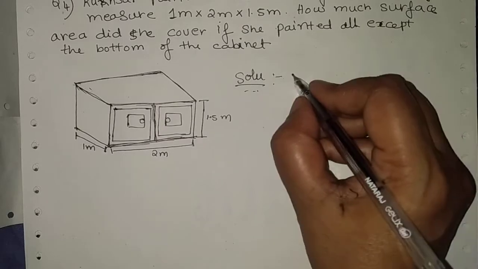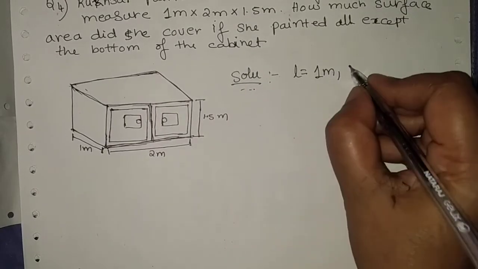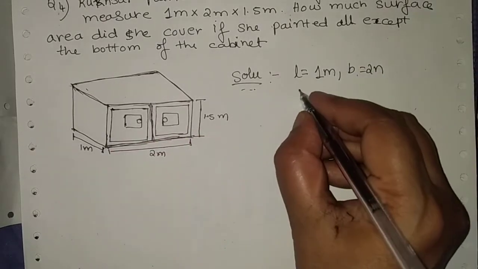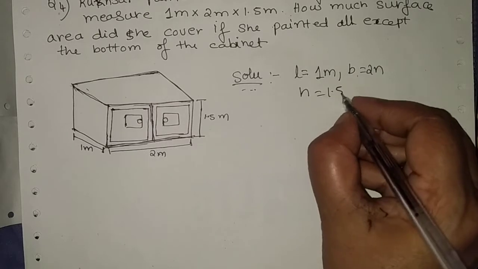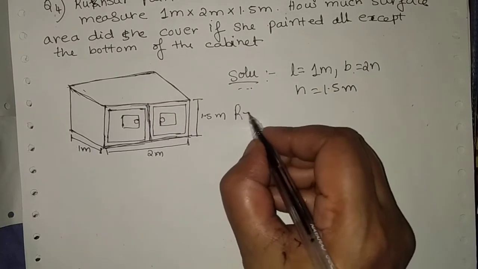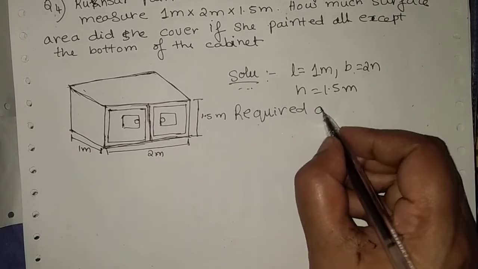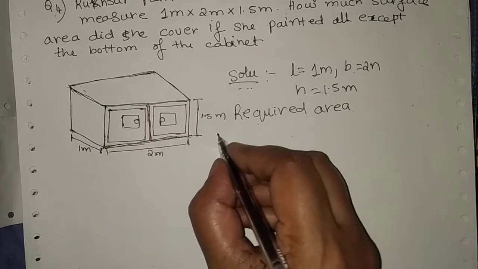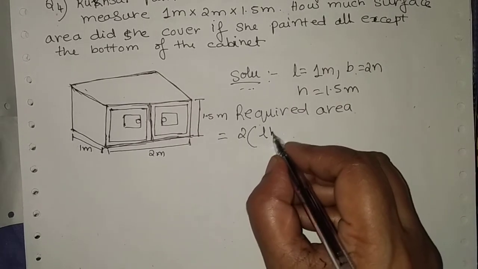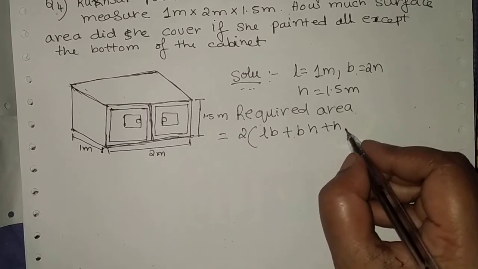So solution, we'll write the data given. Length is given as 1 meter, breadth is given as 2 meter, and height is given as 1.5 meters. So next, required area. Required area is equal to the same formula as we used: length into breadth, breadth into height, plus height into length.